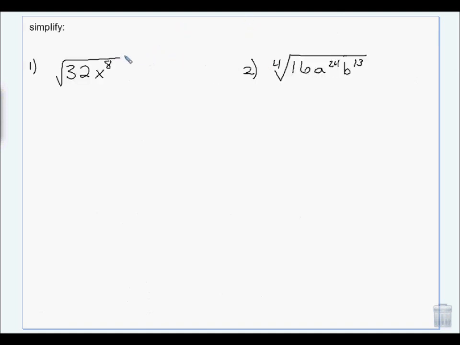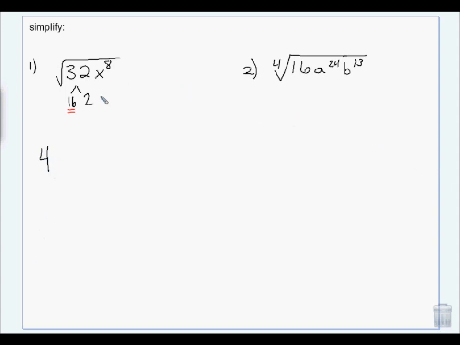Now going the other direction, 32 is 16 times 2. And 16 is a perfect square. So I can take out the square root of 16, which is 4.